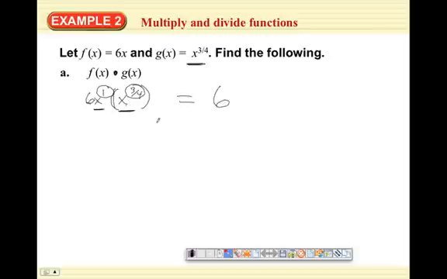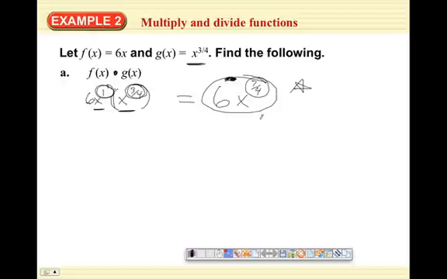X times x to the 3/4, 1 and 3/4 is the same as 7/4. So, x to the 7/4 power. And if you need to, do it in your calculator. Just type in 1 plus 3/4 math frac. It'll tell you 7/4. Okay, learn how to use that calculator, but don't rely on it. Okay. 6x to the 7/4 is your final answer.